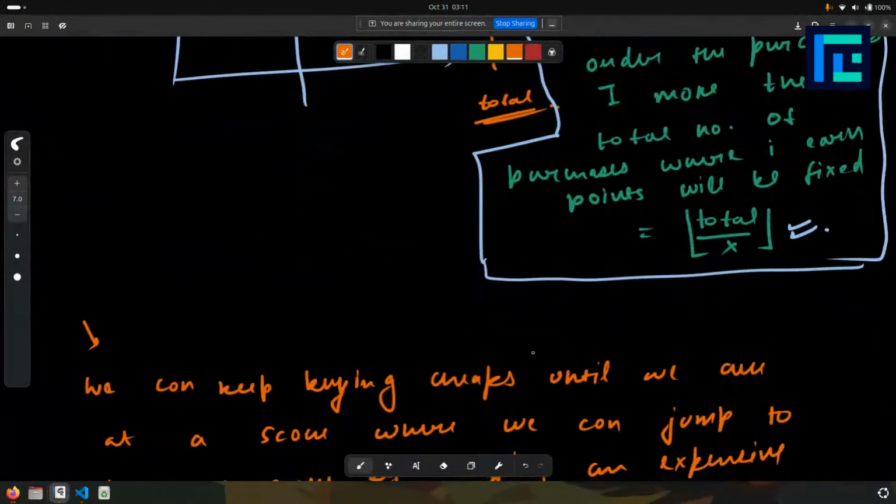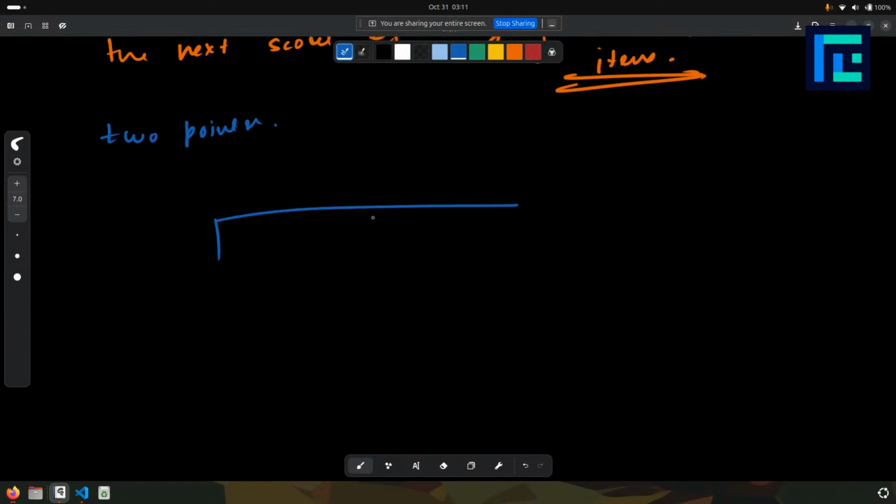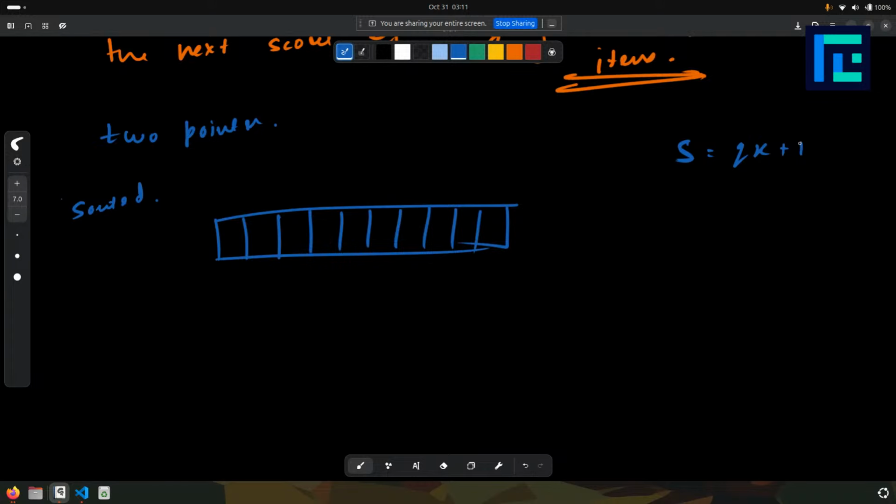So to implement this, we can do a simple 2-pointer approach. What we can do is first sort the array, and let's say our score is S. So S must look like QX plus R, right?